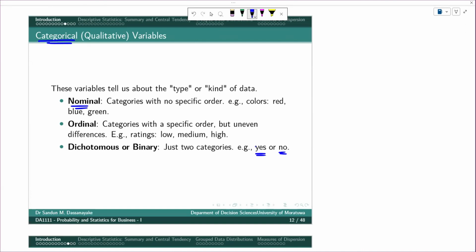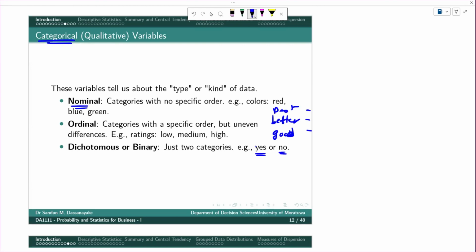And ordinal means some sort of a rating system. It can be low, mid, high. It can be something like good, better, and best.